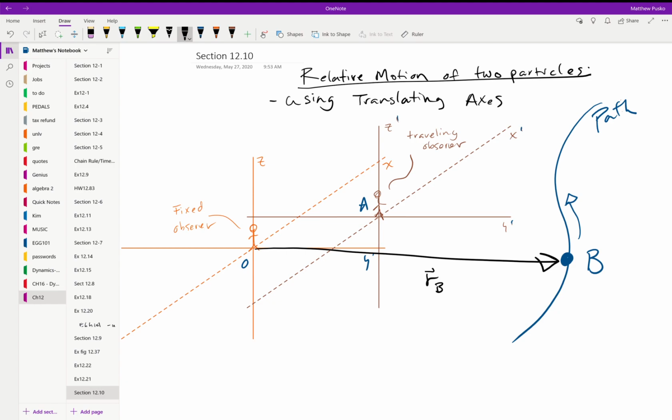From the translating observer we can also make a position vector, and we can also draw a position vector from the origin to the translating observer. We'll call this one RA.